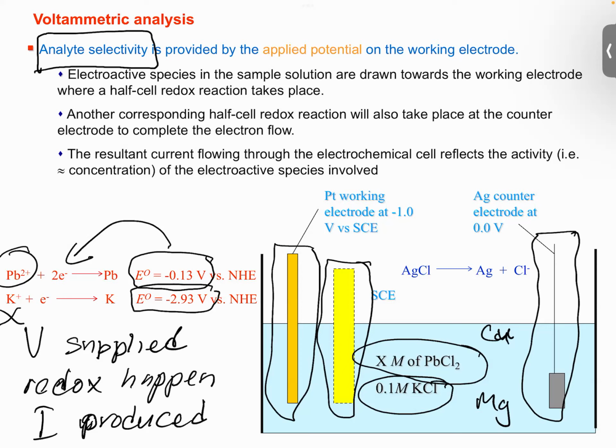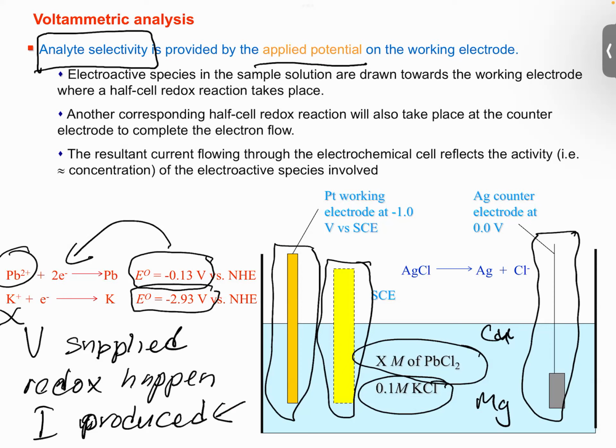So this is how we control the process of identifying what metal is inside the sample, by applying a specific potential. Then when the redox happens, we can observe the current.